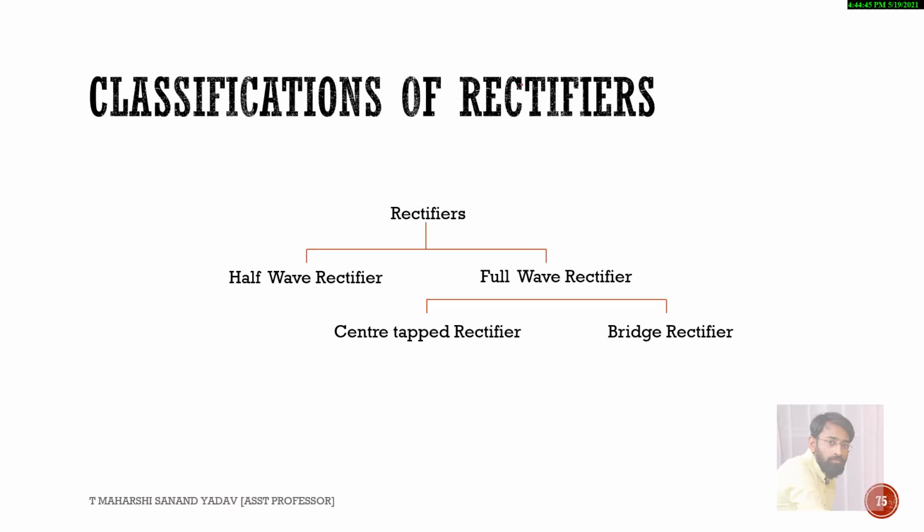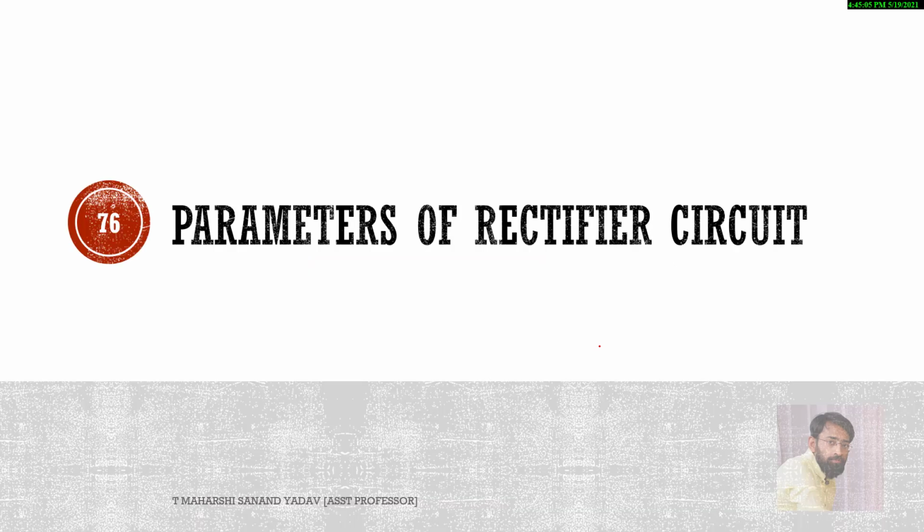Rectifiers are classified into two types: one is the half wave rectifier and the other is the full wave rectifier. Again, full wave rectifiers are of two types: one is the center tapped rectifier and the other is the bridge rectifier. Now let us see each and every rectifier in detail according to their parameters and performance as well.